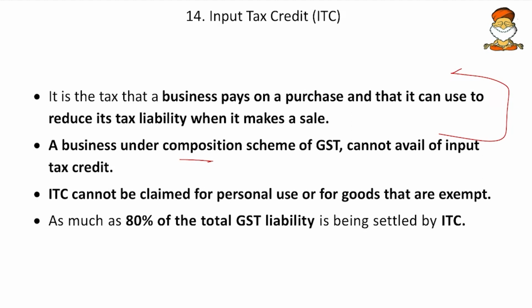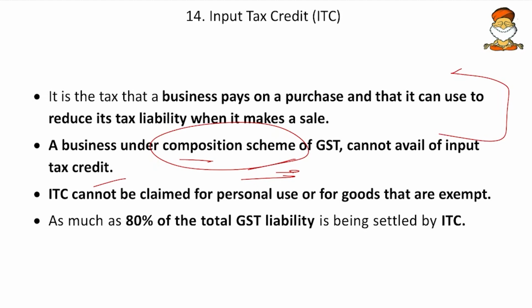Here a business under the composition scheme of GST cannot avail the input tax credit. If the GST composition scheme is going on, that means the GST is already giving compensation to you, so the input tax credit will not come into the picture. Then, the input tax credit cannot be claimed for personal use.